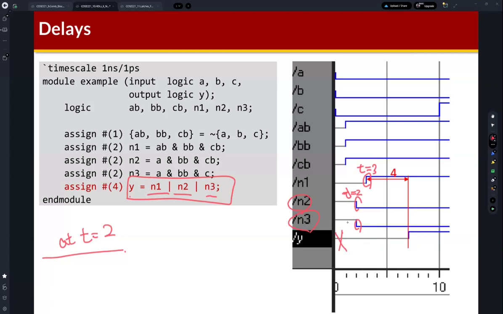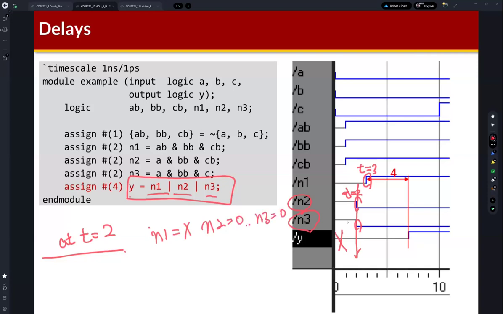At this point, n1 is x, n2 is 0, and n3 is 0.